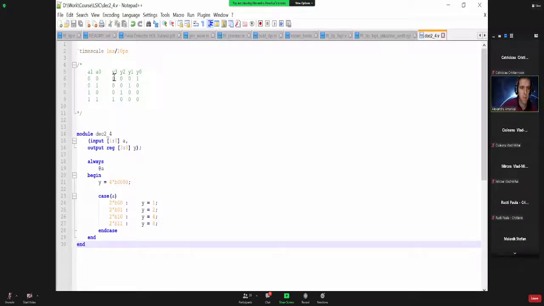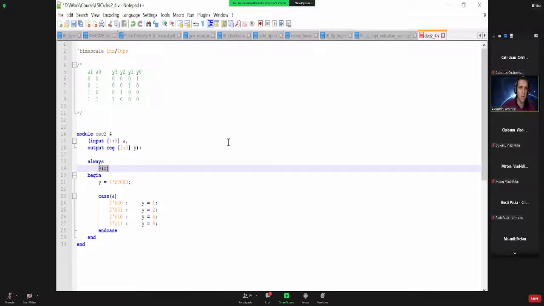If you have questions. So, first question I will put, what is about this sensitivity list? The output will change only when something in the sensitivity list changes. So actually, the answer is correct.